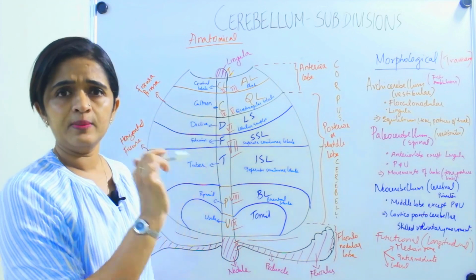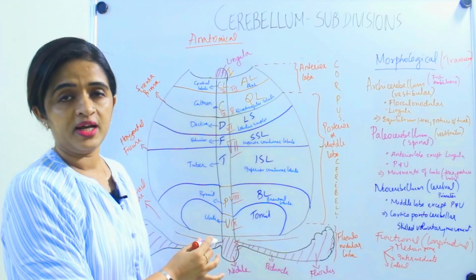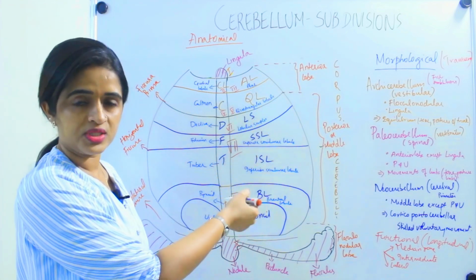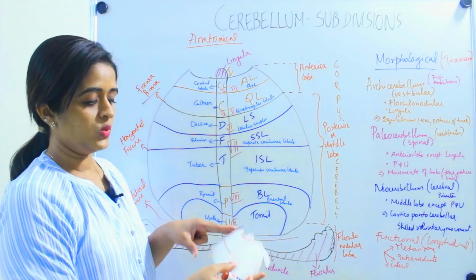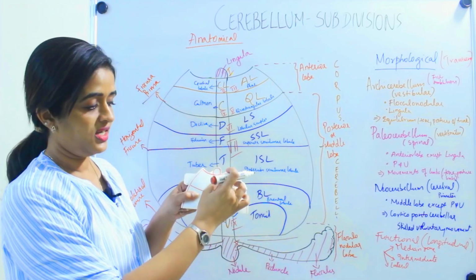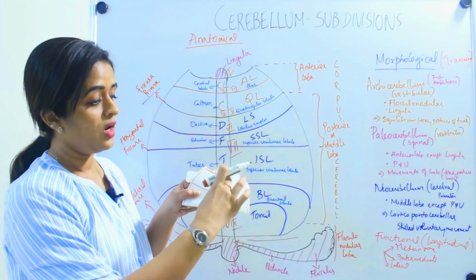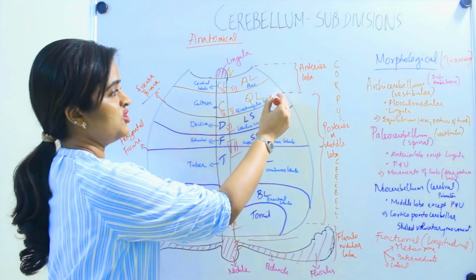What is the important fissure which divides the entire corpus cerebelli into anterior and posterior or middle lobe? That is the fissura prima, which was seen on the superior aspect and which cuts through the anterior 2/3 and posterior 1/3 of the superior vermis. So this is the fissura prima.